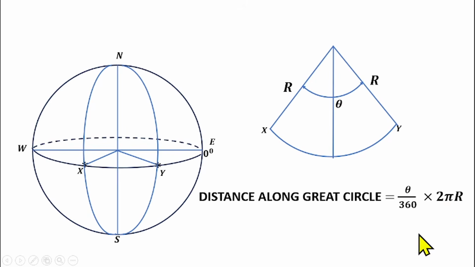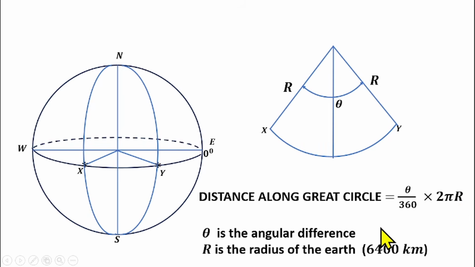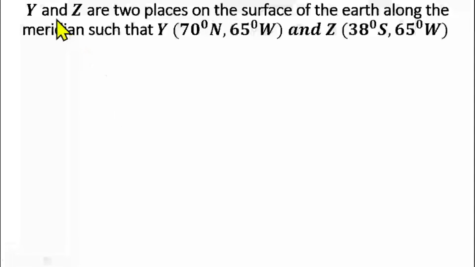Pi is 22 over 7 or 3.142 or whatever is given to you to represent pi, and r is the radius of the earth, which is approximately 6,400 kilometers. So this is the formula you are going to use to find the distance along a great circle. Anytime you are sure that you are finding the distance along a great circle, you have to use this formula. All right, let's see that at work.